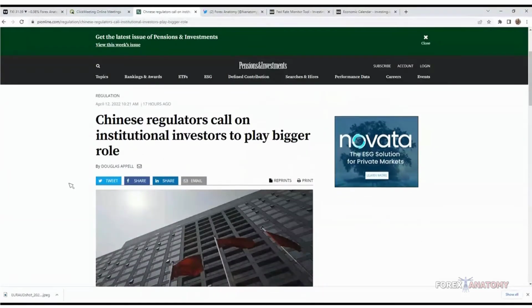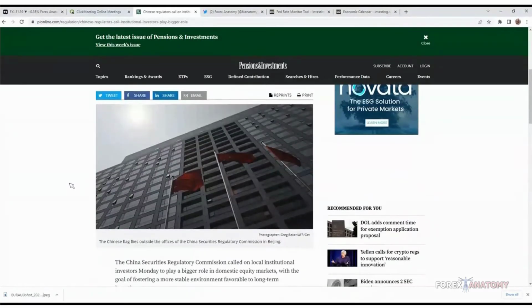So what they're doing, the PRC, the People's Republic of China, the government, they're sort of, I don't want to use the word bullying, but they're kind of saying to some of their largest investors, those that own huge investment funds, they're trying to encourage them to buy shares of Chinese stock to help these companies weather through this bad season of slowing growth. So that's what they're doing.